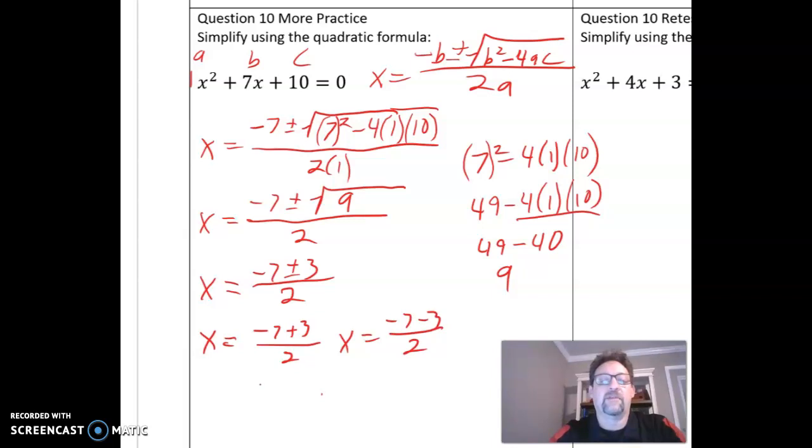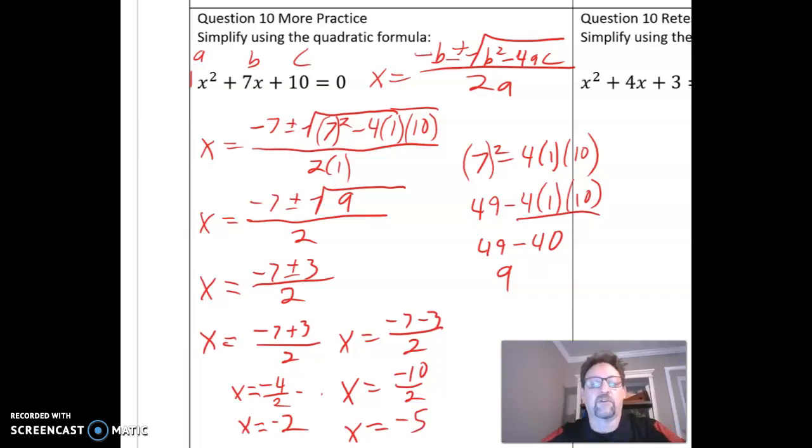So that we have negative 4 over 2, x equals negative 2. Negative 10 over 2 and x equals negative 5. So my two solutions are x equals negative 2 and x equals negative 5.